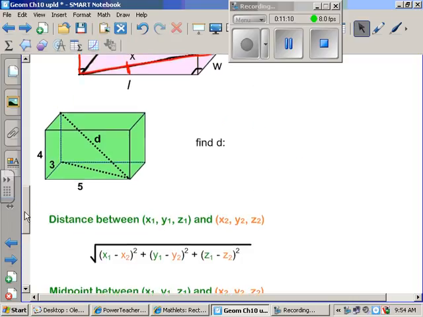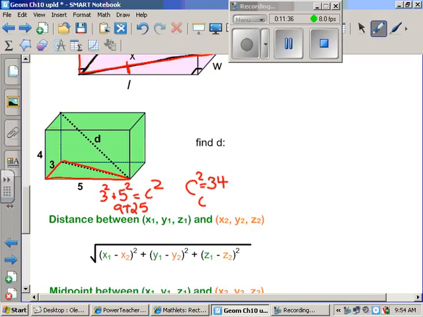All right, so we're going to try to find D. So I'm going to set up my first right triangle here. So 3 squared plus 5 squared equals C squared. So that's 9 and 25, which is 34. So C squared is 34.